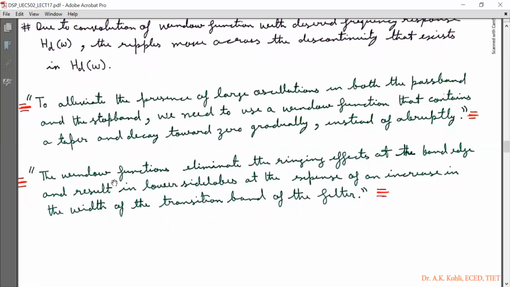The window functions eliminate the ringing effect at the band edge and result in lower side lobes, at the expense of an increase in the width of the transition band of the filter. So this is very important. This is how the window eliminates the ringing effect, but at the cost of an increase in the width of the transition band. This is very important as far as the design is concerned.